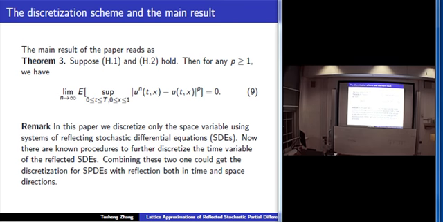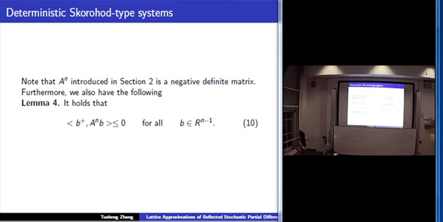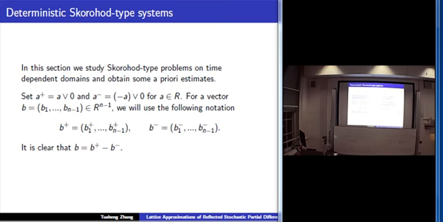Okay, now next I will tell you the main idea of how we prove this. First of all, I need to study a deterministic Skorohod-type system. Because of this structure, it is not easy to directly compare my approximating random field u_n with the solution u.